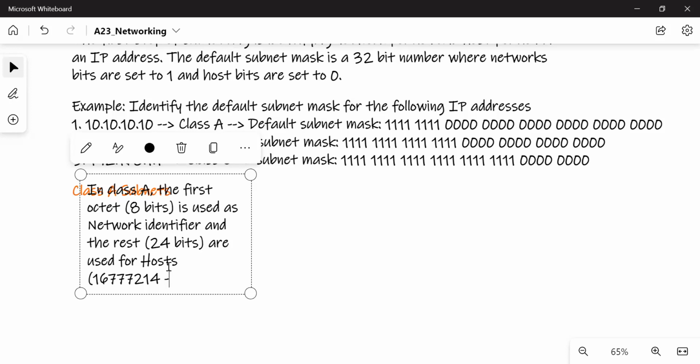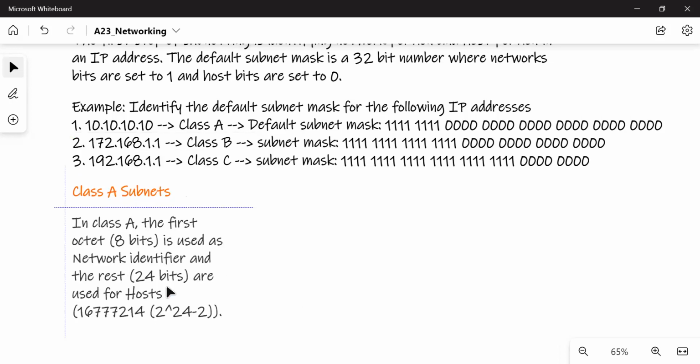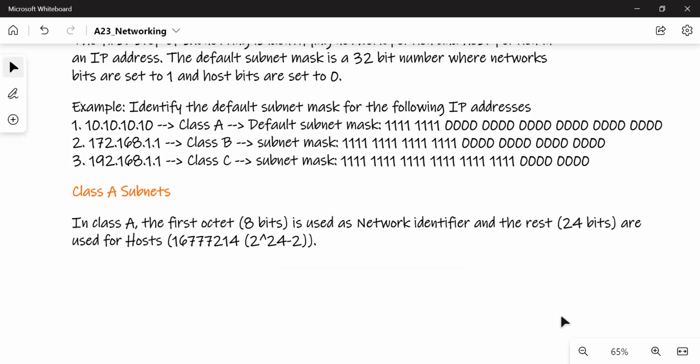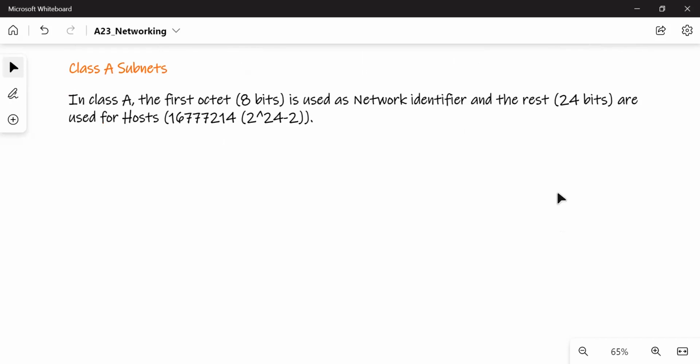So this means 2 to the power 24 minus 2, right? So let's write down. So this is what we are going to discuss under subnet host. Now the idea is clear.